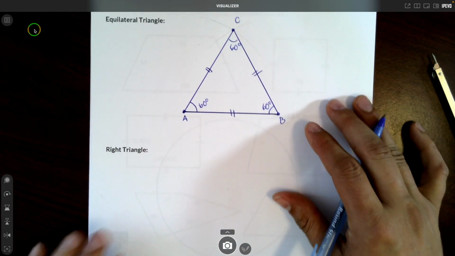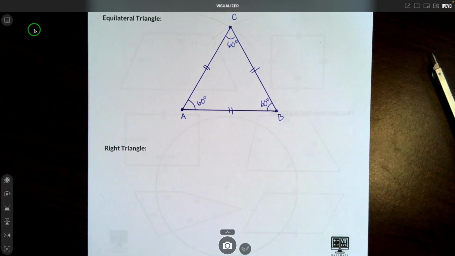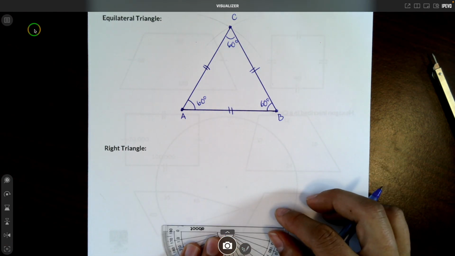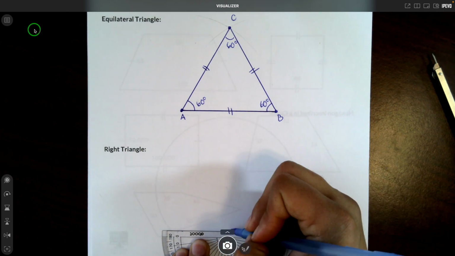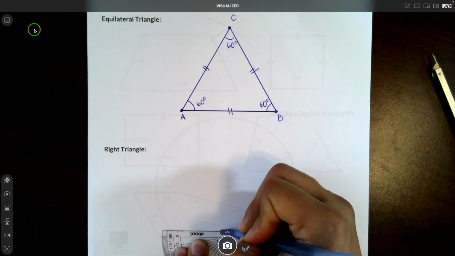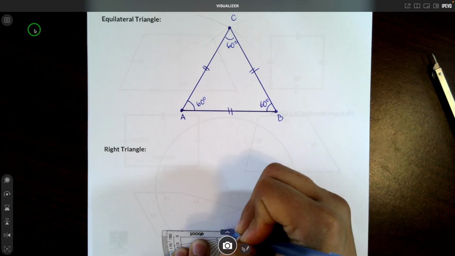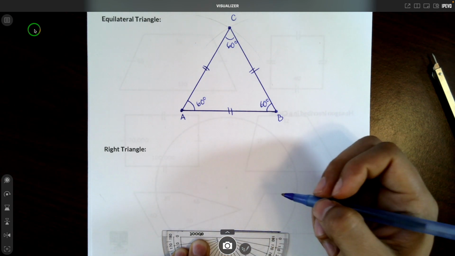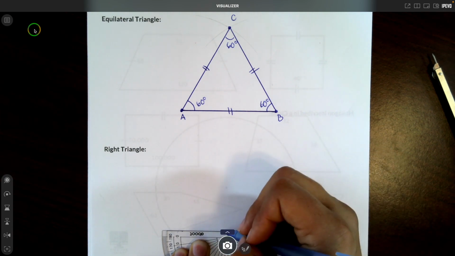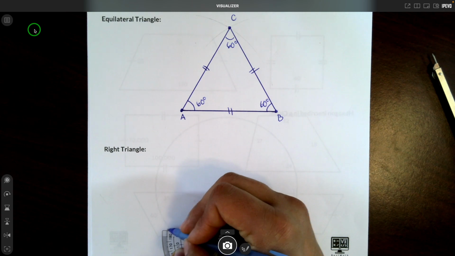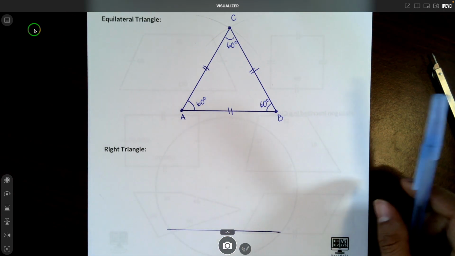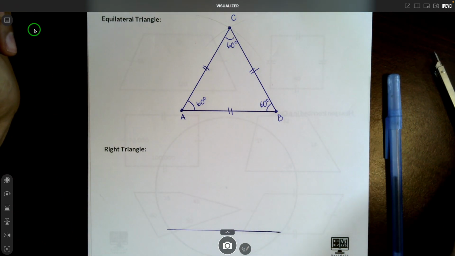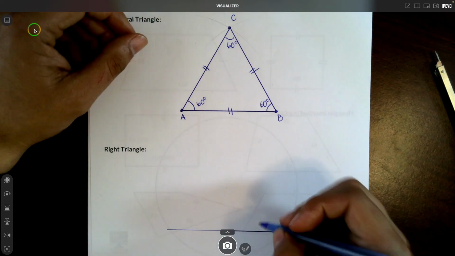Now let's do a right triangle. A little bit more complicated. We will draw a line. Actually, I'm supposed to draw the whole entire line, but what we're going to do is just go ahead and pick 2 points.